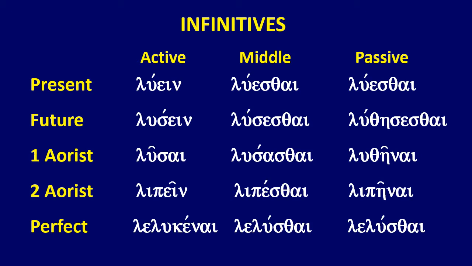But let's clarify something when it comes to mood. Sometimes you'll have Greek grammarians say, when it comes to parsing a participle, that for the mood, you just want to supply participle mood. Those who recommend that also say, when it comes to infinitives, to put down for your parsing, when it comes to mood, put down infinitive mood.